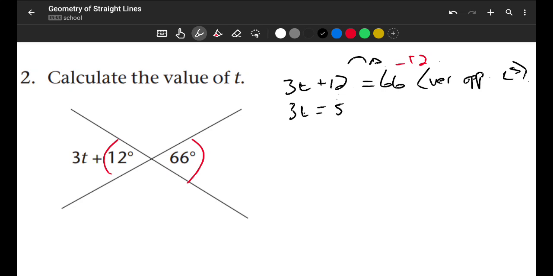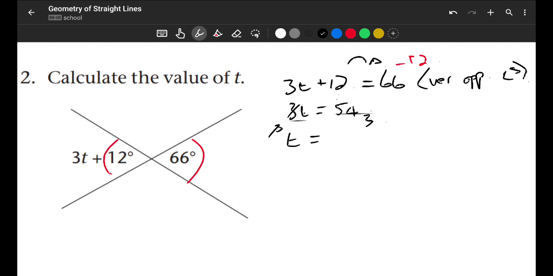That should give us 54 degrees. 54 degrees divided by 3. Remember, here we divide by 3. That 3 cancels that 3. Divide by 3 on that side also.